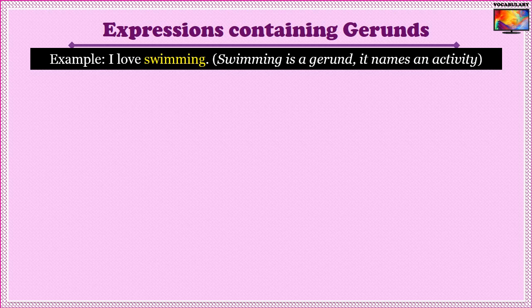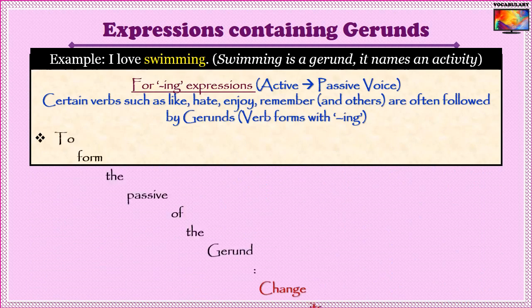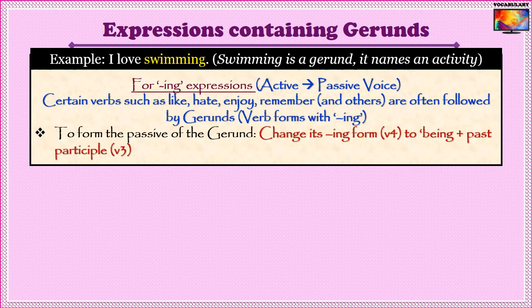So the word swimming functions as a noun. Certain verbs such as like, hate, enjoy, remember, and others are often followed by gerunds. To form the passive in these cases, change the ing form of the gerund to being plus past participle form.